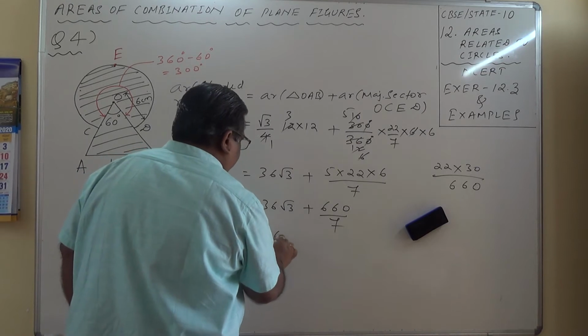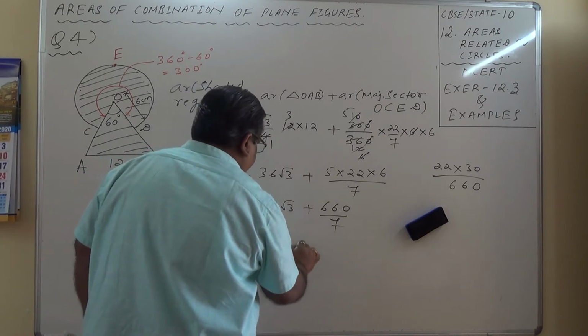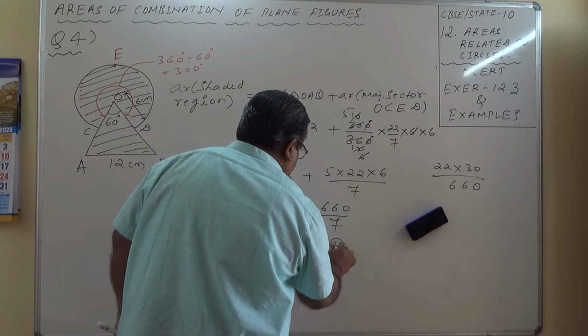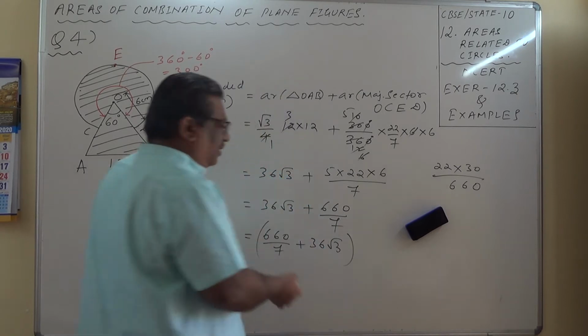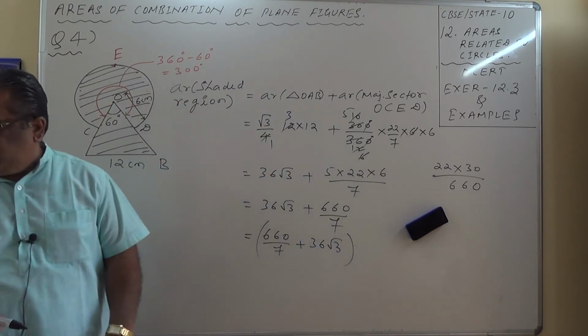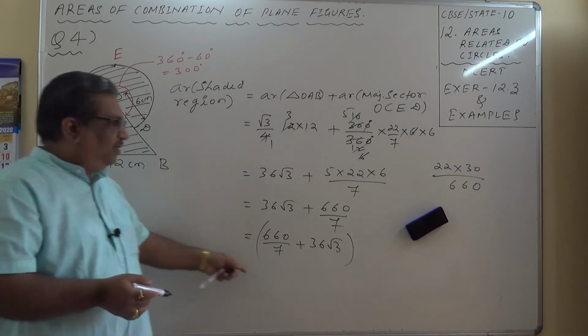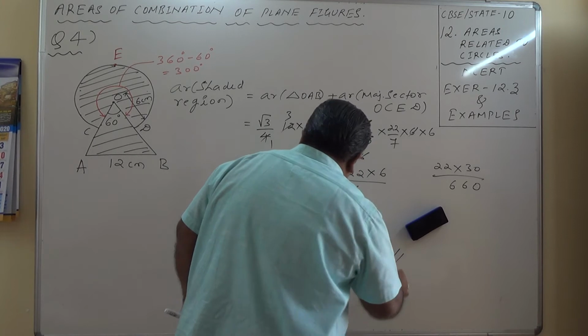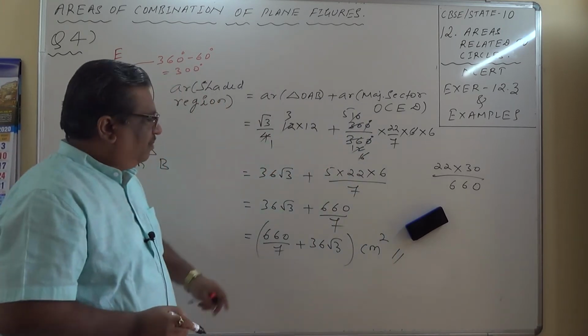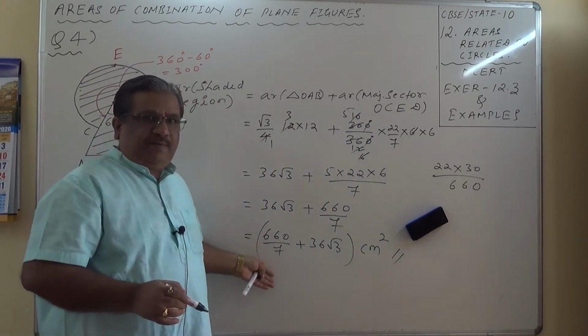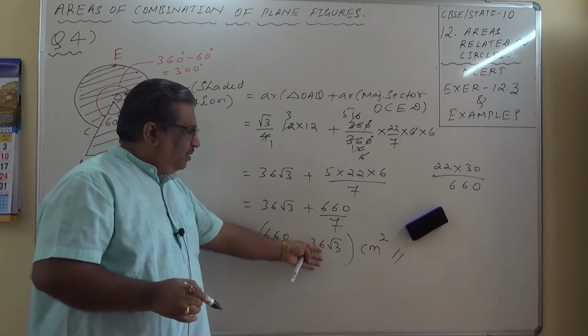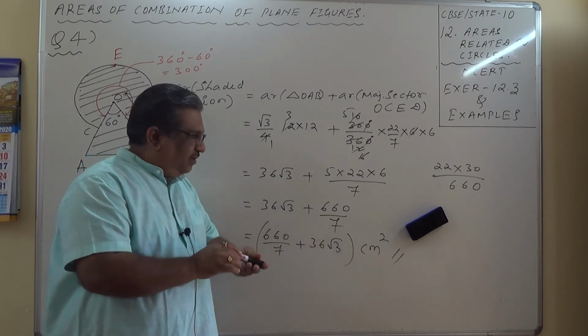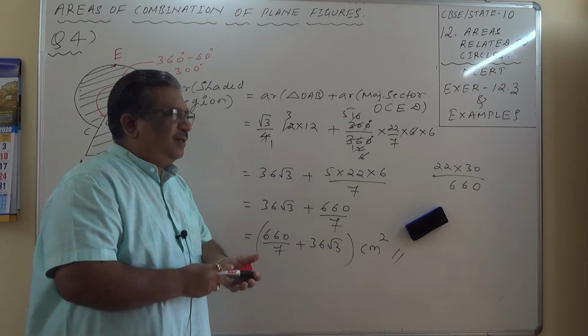That's all. This is the answer: 660 by 7 plus 36 root 3 square centimeter. So you can work this out further also. This can be worked out in terms of decimal, and 36 root 3 you can take with the standard value of 1.73 or something like that.